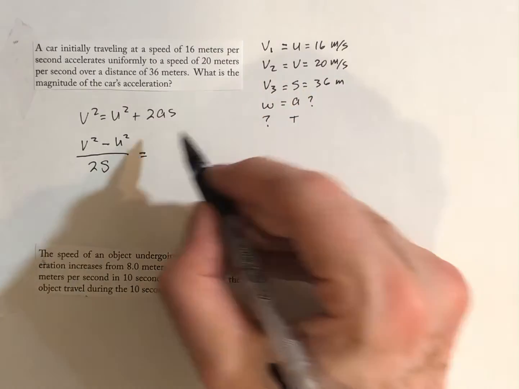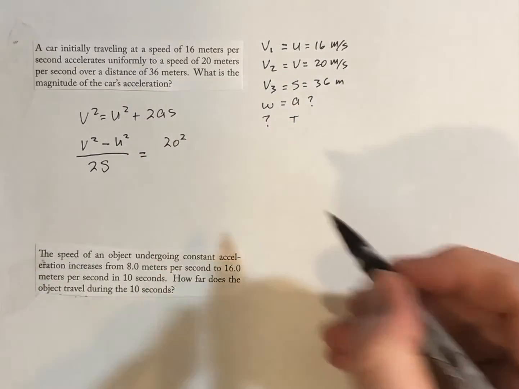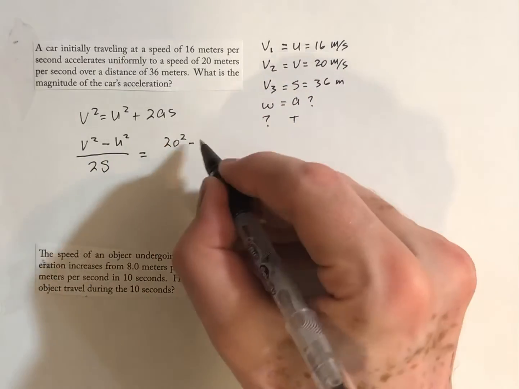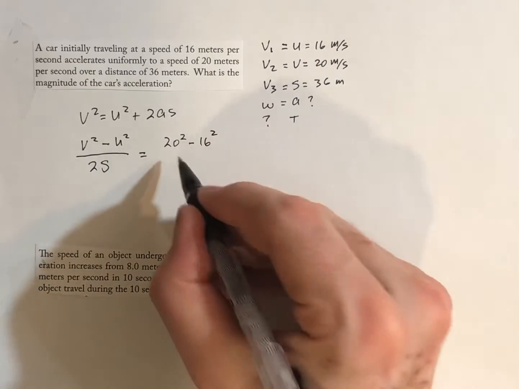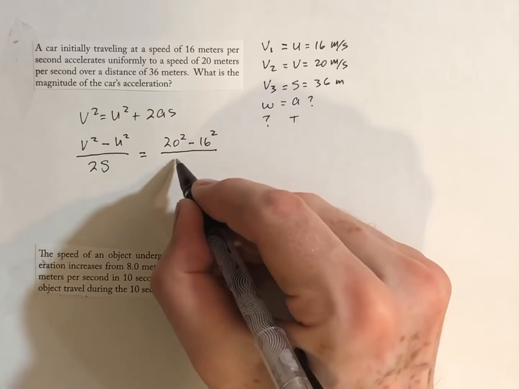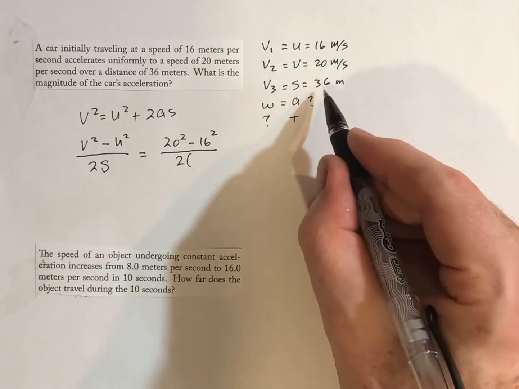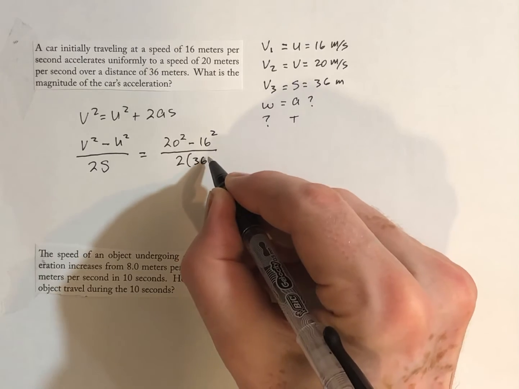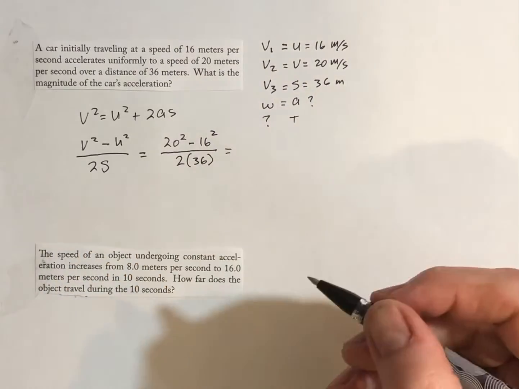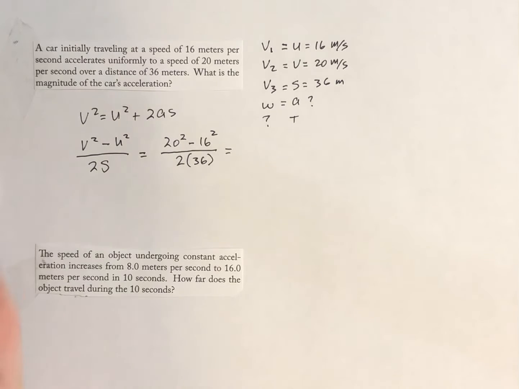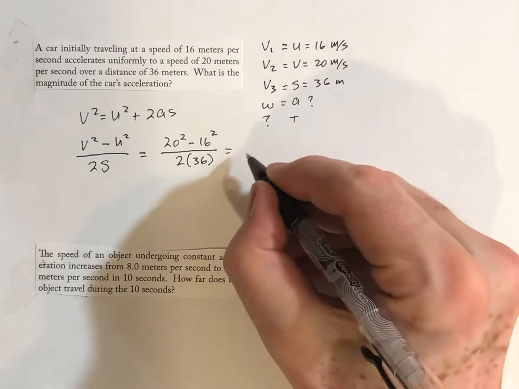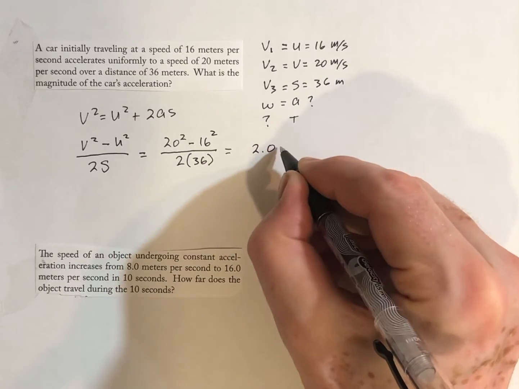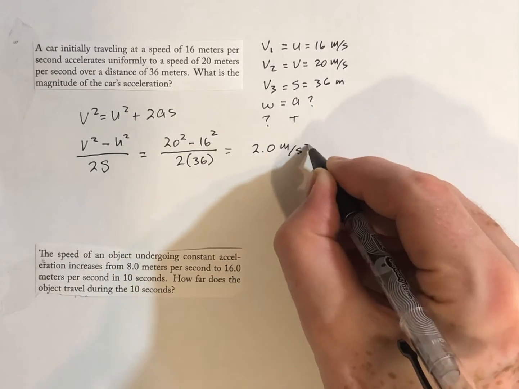V squared, I have 20 squared, minus U squared, which is 16 squared, divided by 2 times 36 meters. That is going to equal, now let me figure out what it's going to equal. 20 squared minus 16 squared divided by 72 is going to give me an answer of 2.0 meters per second squared.